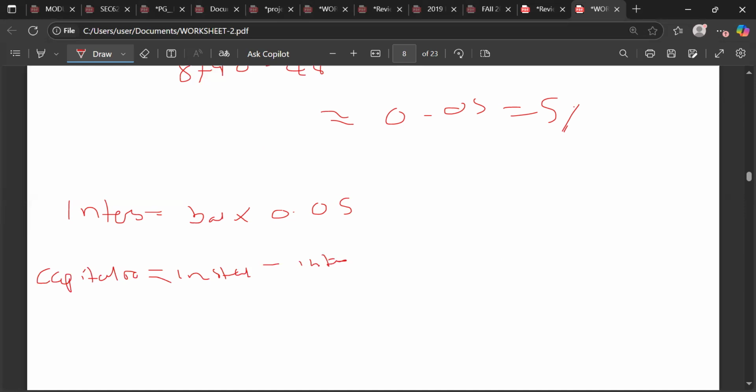Therefore, at that point, the new balance, NB, will be equal to old balance minus our capital repayment. So at this point now, let's try building a partial amortization schedule for this one.